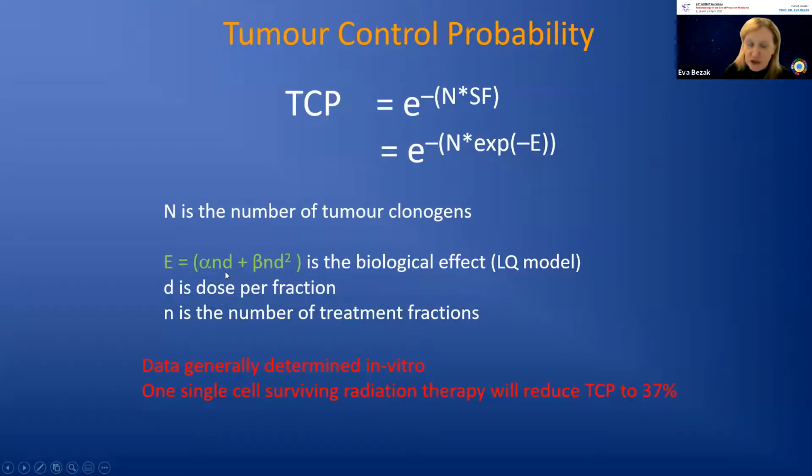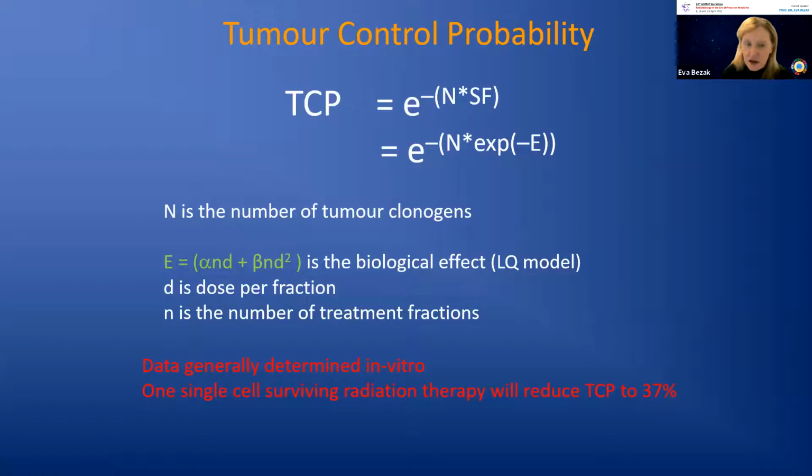In this case, because we are dealing with fractionated radiotherapy, small d is dose per fraction, which in standard radiation therapy is 2 grays per fraction, and n is the number of treatment fractions. The alpha beta data is generally determined in vitro. And when you look at this model and you plug the numbers in, strictly speaking or mathematically speaking, one single cancer cell surviving radiation therapy will reduce tumor control to 37%.